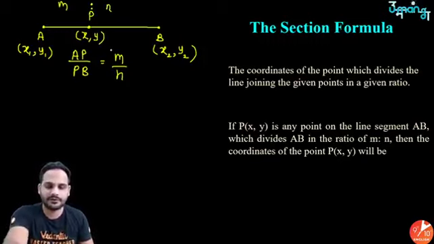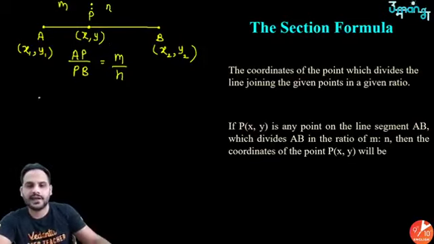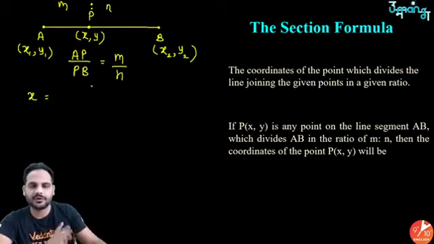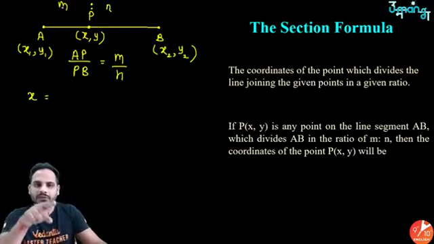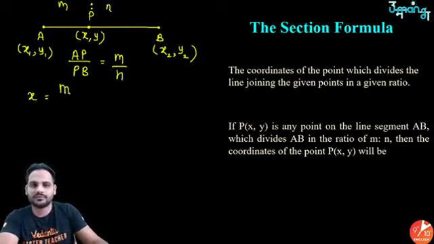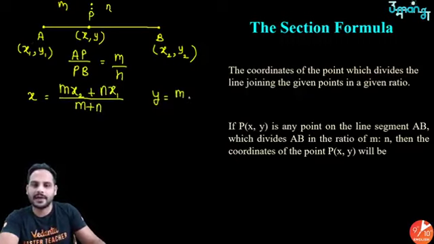The x coordinate of P will be, remember, we cross multiply: M multiplied with x2 plus N multiplied with x1, divided by M plus N. Similarly, the y coordinate will be M into y2 plus N into y1 divided by M plus N.